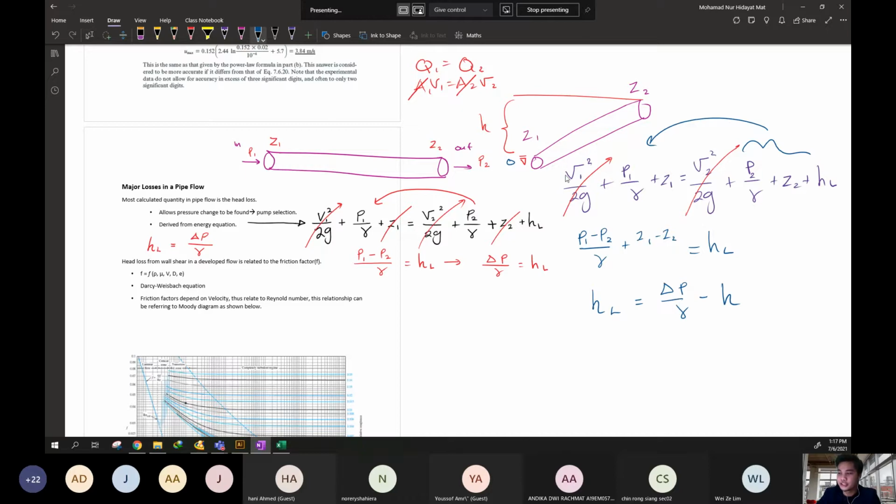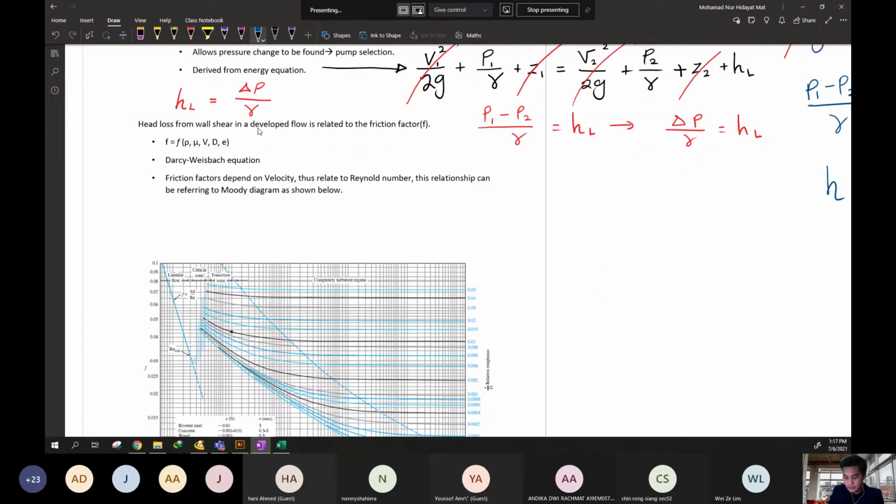The heat loss from the wall shear in the developed flow is related to the friction factor. This is the pipe, with the same cross-sectional area. You can see we have the wall shear due to the friction and the viscosity of the water. This friction will develop the friction factor.